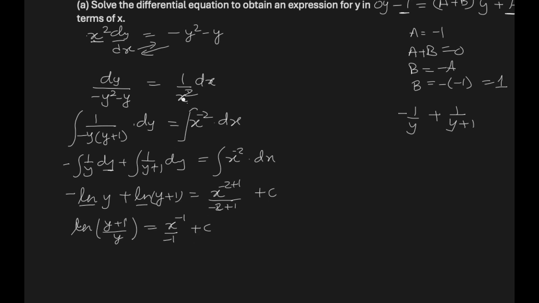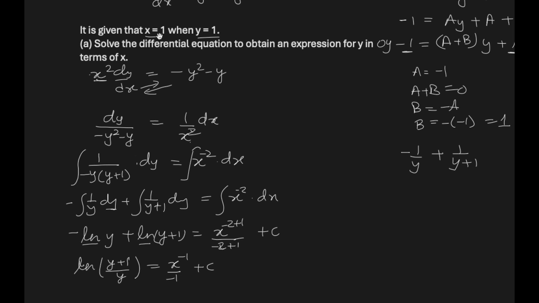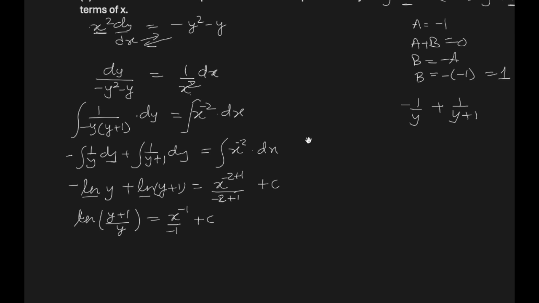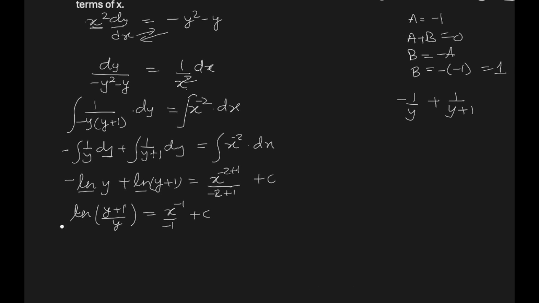Now c is unknown and we have been given one condition: when x is 1, y is 1. So we'll find c with the help of this. So ln y is ln 1, so 1 plus 1 over 1, equal to minus 1 to the power minus 1 plus c. That is ln 2, equal to minus 1 plus c, since minus 1 to the power anything is 1.